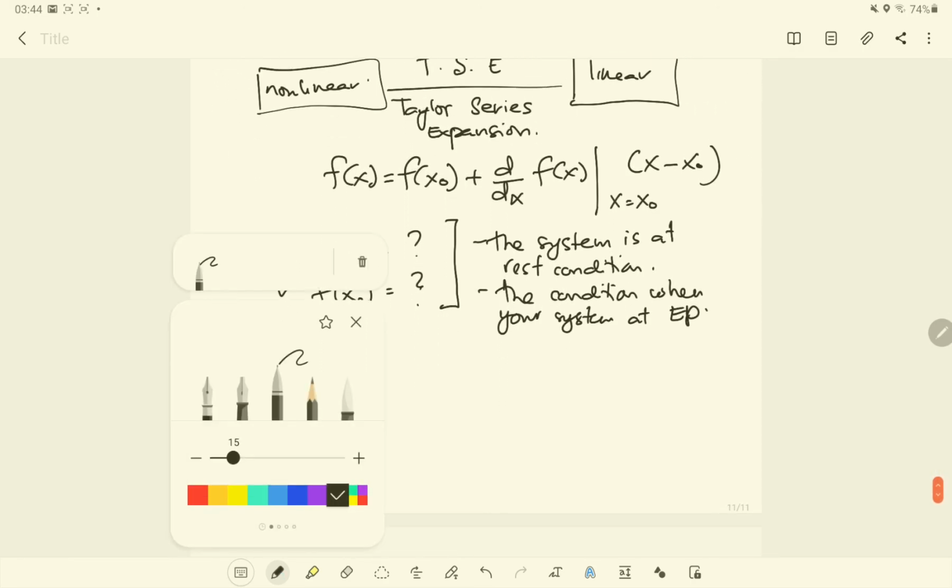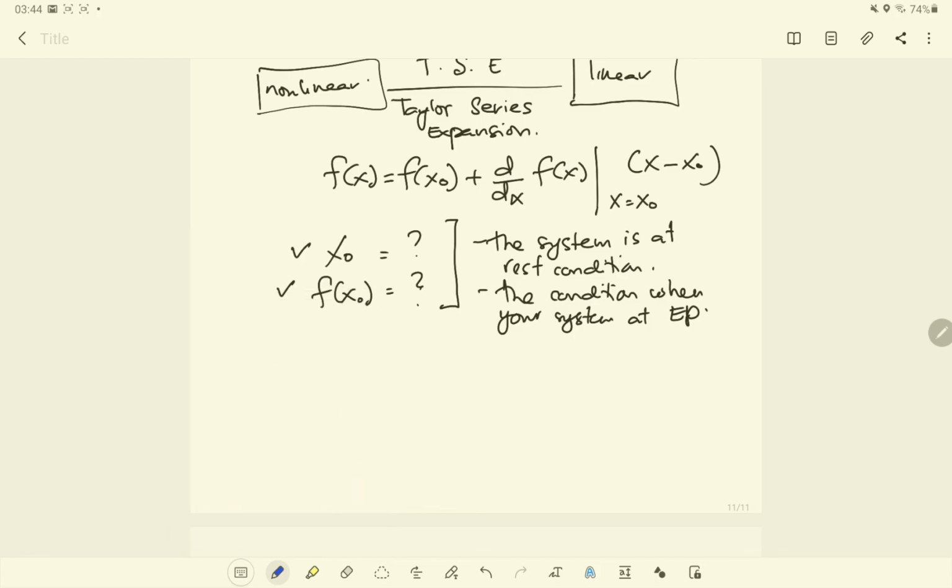So if we draw the graph, here is the nonlinear graph, something like this. We linearize the system by using Taylor series expansion, and we get these functions.